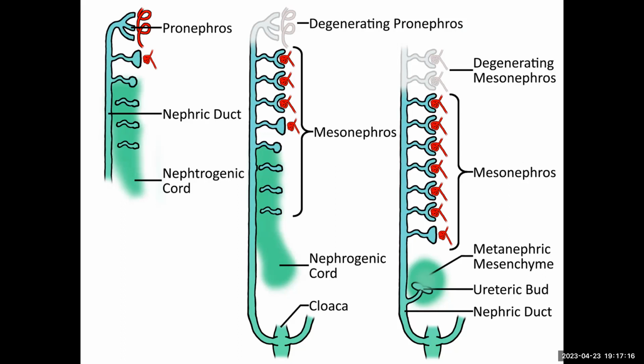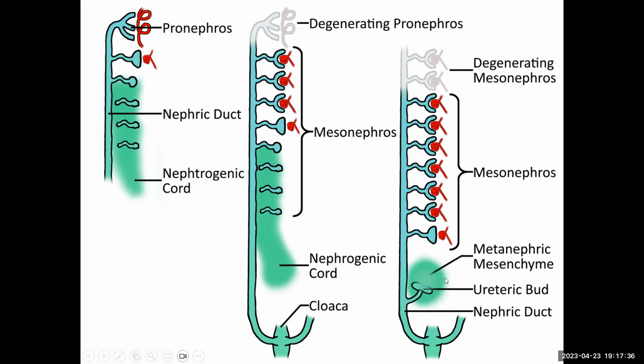Similar to the pronephroi, the mesonephros and mesonephric duct will later degenerate in females, but in males, this ductal system will persist, and it develops into the epididymis, the vas deferens, the seminal vesicles, and the ejaculatory duct.